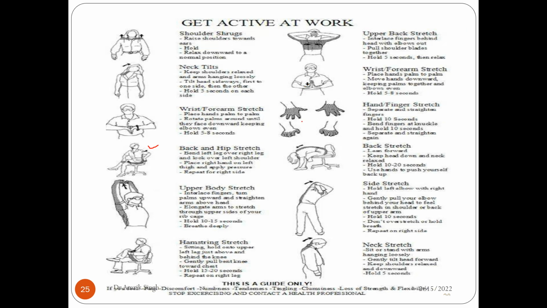Hand and finger stretch: you keep the hand on the floor or on the table and do the stretching. Back stretch, you see he's doing the back stretch. Then side stretch and neck stretch. These are some of the important tricks and tips which will keep you active at work. You can display these on the shop floor.